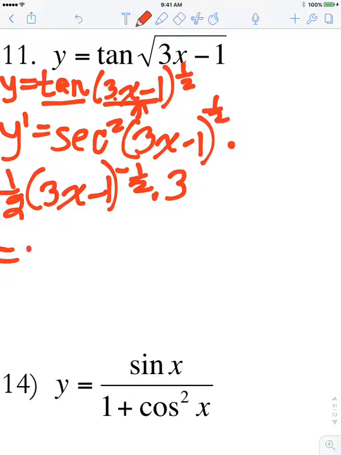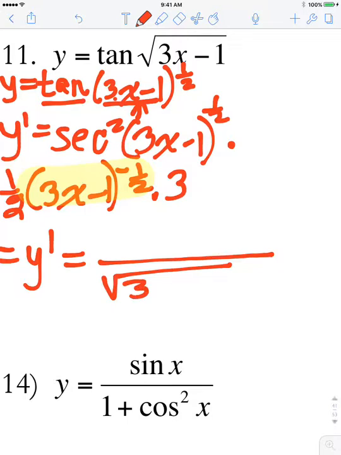Okay, let's clean this up. My final answer looks like this. Y prime equals, looks like I'm going to have a fraction bar, with some stuff in the numerator and some stuff in the denominator. Because this is being raised to the 1/2 power, this whole thing is going in the denominator. So it's going to be the square root of 3x minus 1, and that takes care of that.